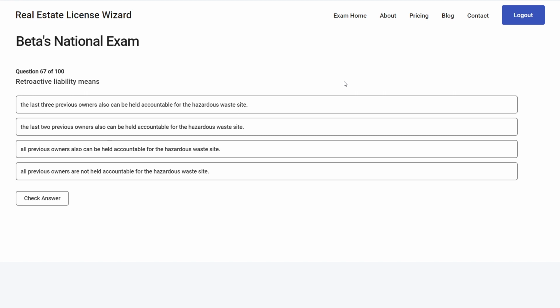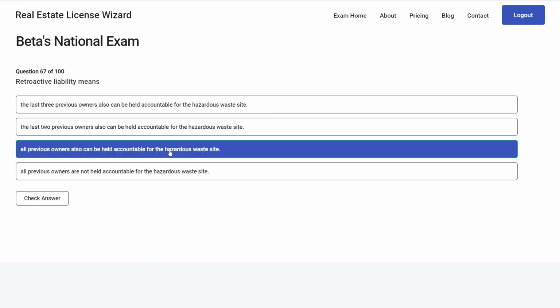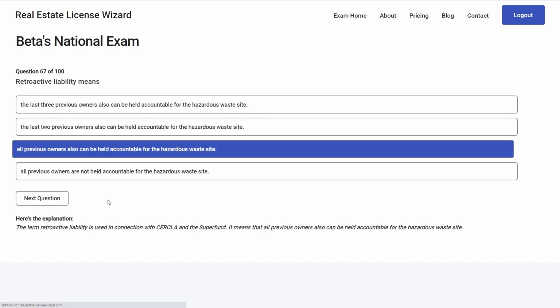Well, retroactive liability came into play, and that basically means, which is our answer, all previous owners can be held accountable for hazardous waste. So again, as you can see here, it says connection with CERCLA and Superfund, which we were talking about earlier. But it just means all previous owners can be held accountable for the hazardous waste site.